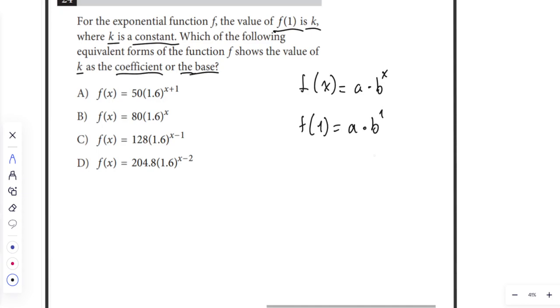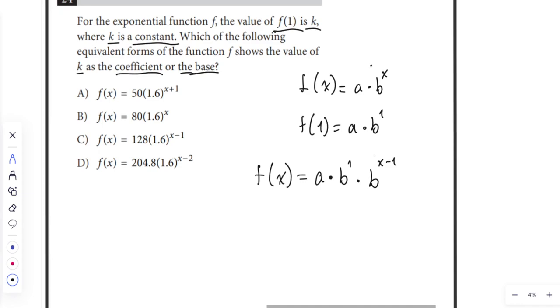Now we can basically get the first function evaluation to appear in our function definition, but we have to do a little bit of manipulation to get this value to actually show up. If we want the original function f of x to capture this function value, a times b, we need to do something like a times b to the first power times b to the power x minus 1.